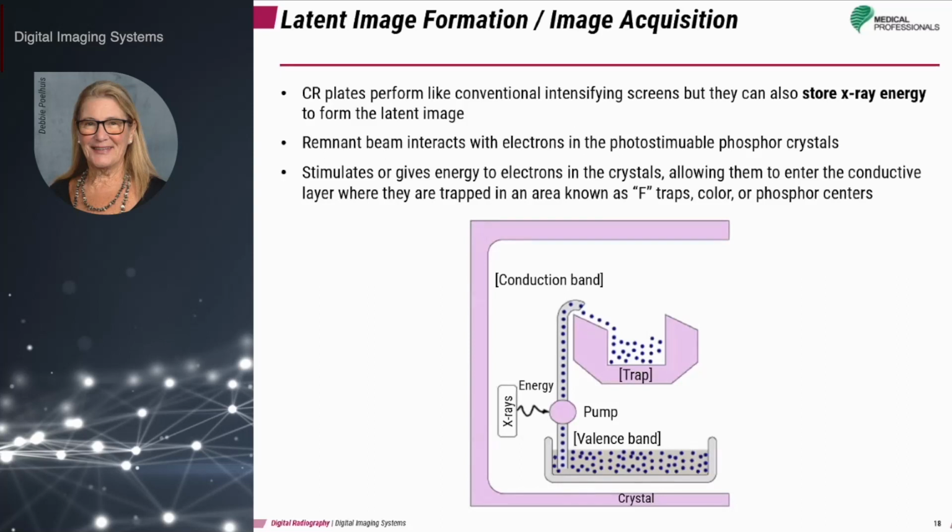Europium is the phosphor that's responsible for capturing the electrons and causing them to be stored in the F center traps. And these electrons that are not captured migrate back to the valence band.